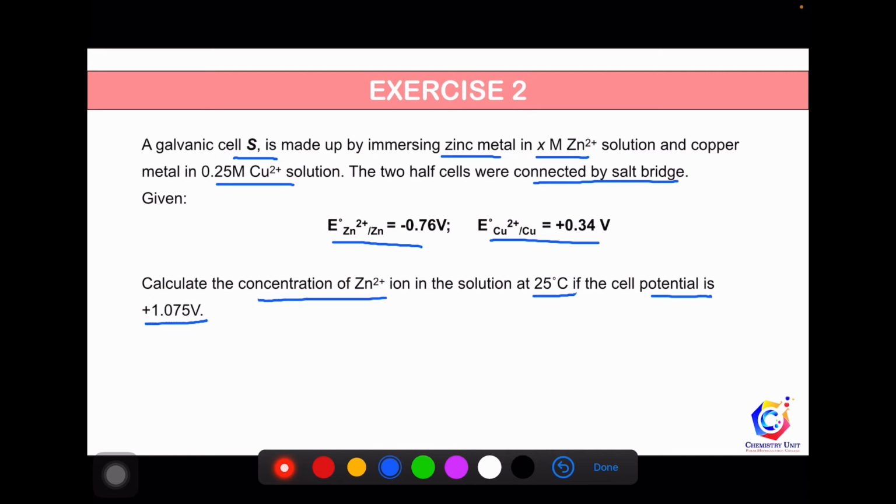Now, a tip to answer this question would be when the question is asking you to calculate concentration, you should recall that you must use the Nernst equation.